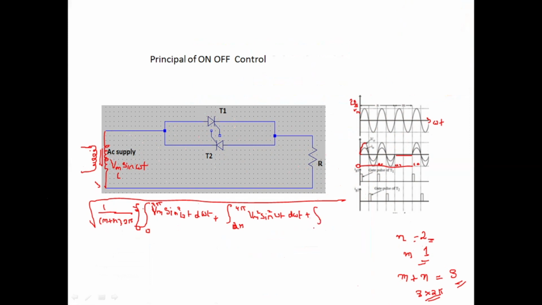So this is 4 pi to 6 pi Vm squared sin squared omega t d omega t.